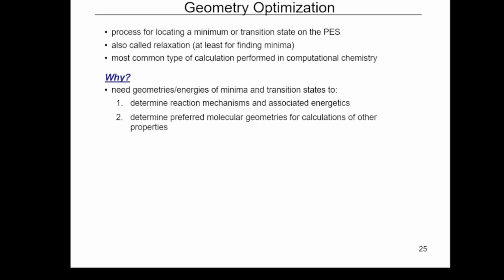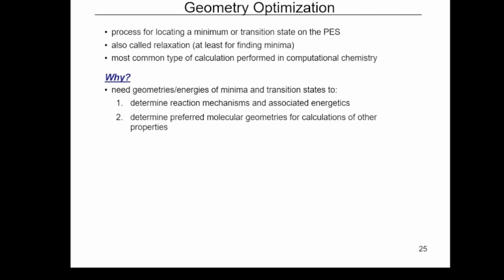In that case, it will lead to some problems because the results will not be reproducible. To avoid these problems, first you need to optimize the structure, because the software takes the structure drawn by you into account and tries to find the lowest energy structure near it, and that process is known as optimization.